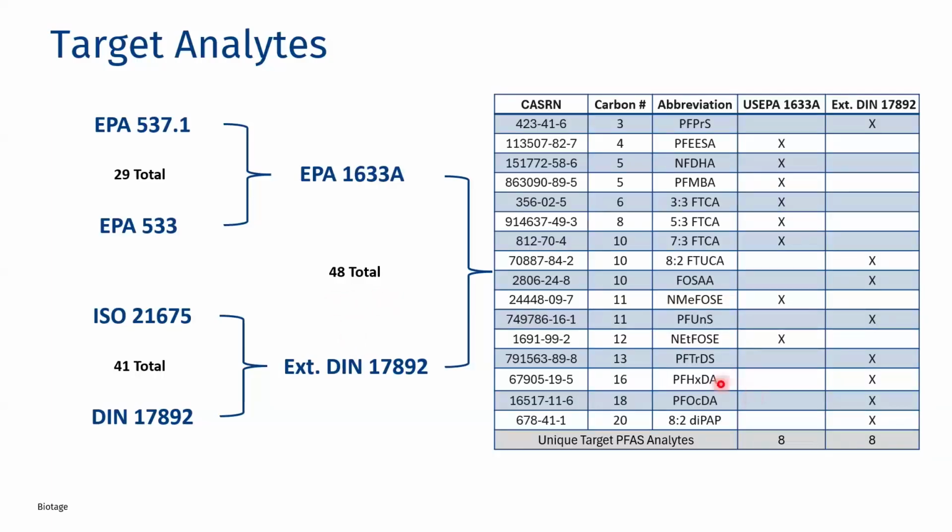However, most of them are shared between the 1633 method and the DIN method. But there are a few unique ones to each method, and as you can see from this chart, the DIN method has some longer chain PFAS, which will give us some different considerations, also some shorter chain PFAS.